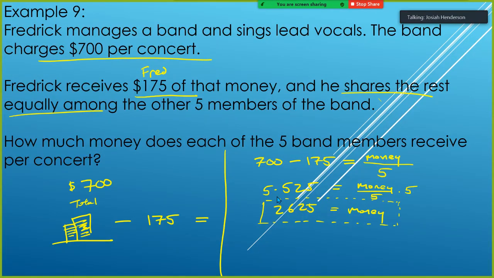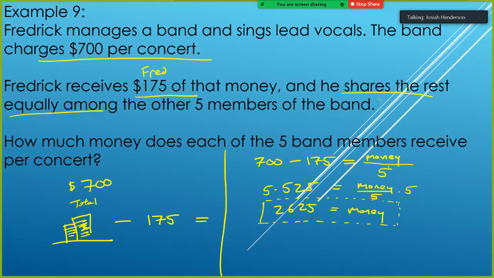Who was that? Tira? Thank you, Tira. Yes, absolutely. So there is division in the problem, but the way I set it up didn't make sense at the end. So back up, look at your work. There is division, they're sharing it equally.